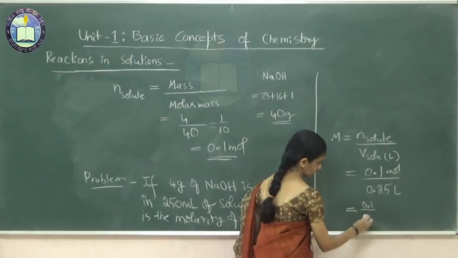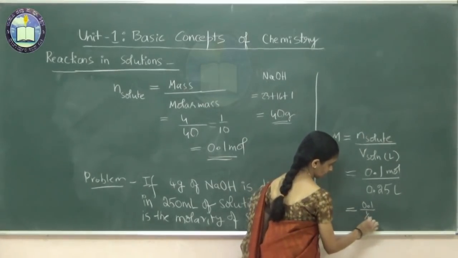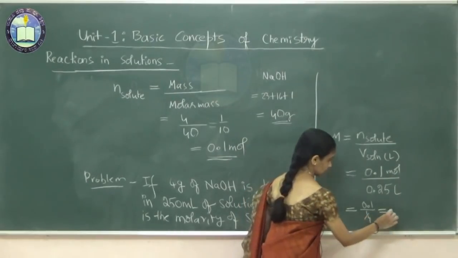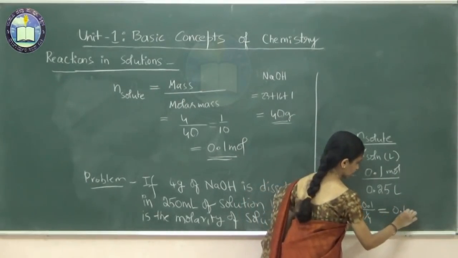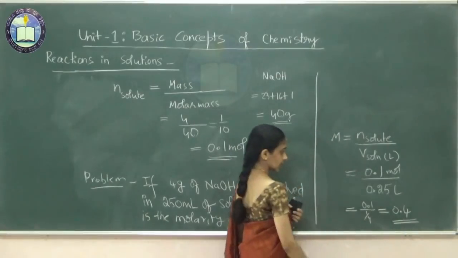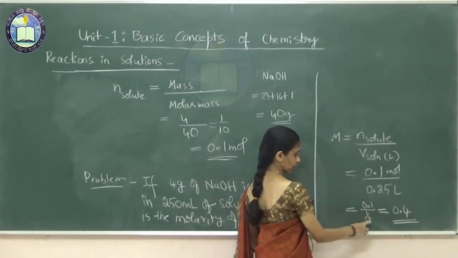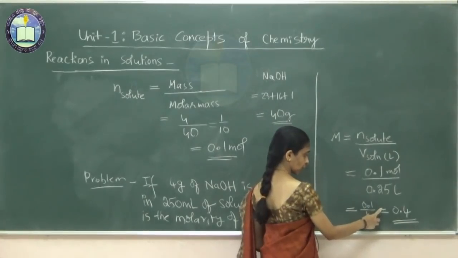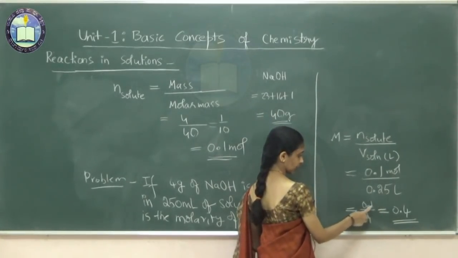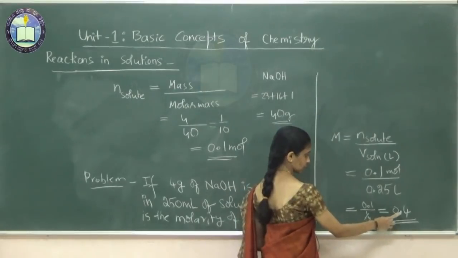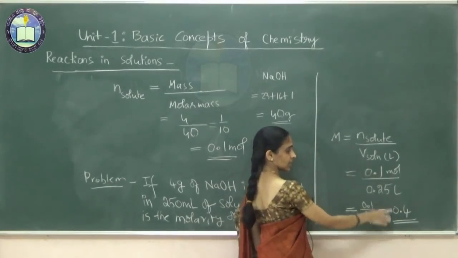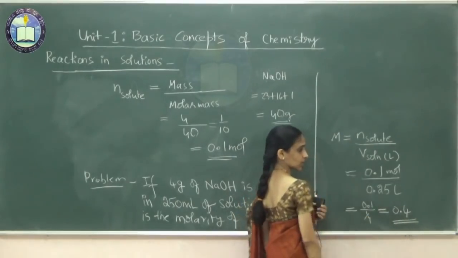0.25 is nothing but 1 by 4. So it will be 0.4. Is it not? 0.25 is 1 by 4. When it goes to the numerator, it becomes 4. 4 into 0.1 is equal to 0.4. So molarity is 0.4.